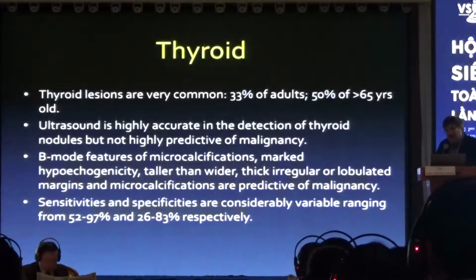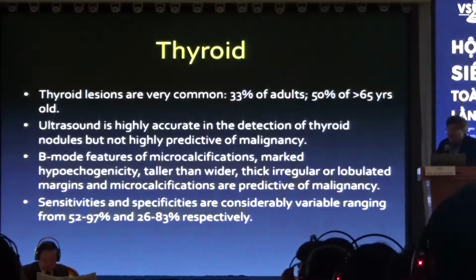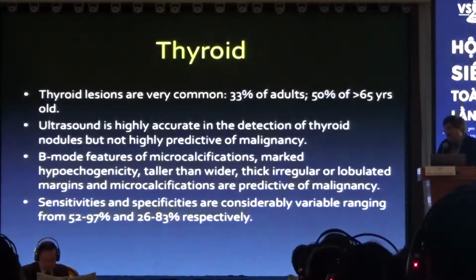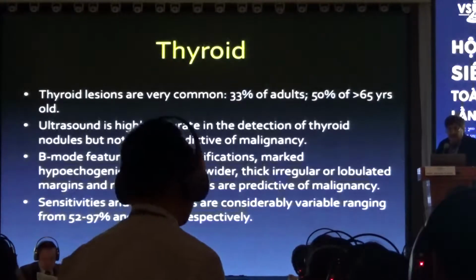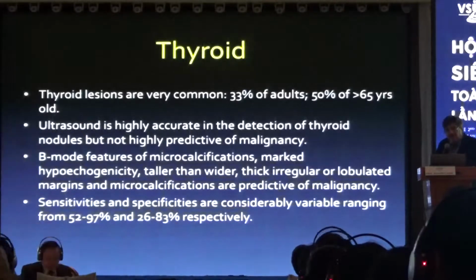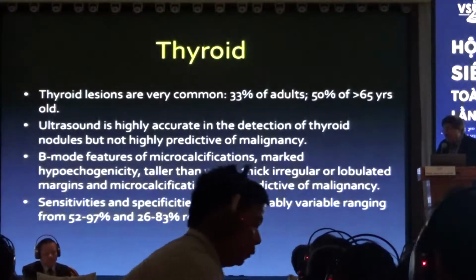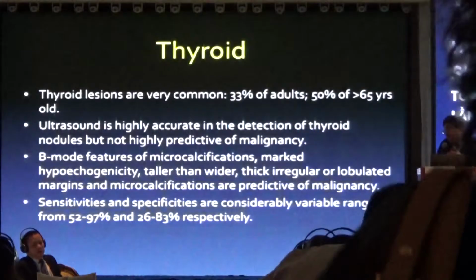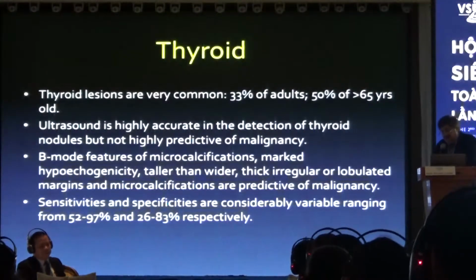Part of this is because of selection bias. Some centers only pick patients to biopsy that have a very high chance of having malignancy, so they get very good sensitivities and specificities, whereas other centers biopsy every lesion that comes in, and this causes you to have less sensitivity and specificity.